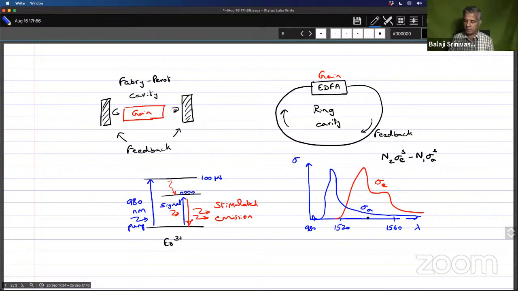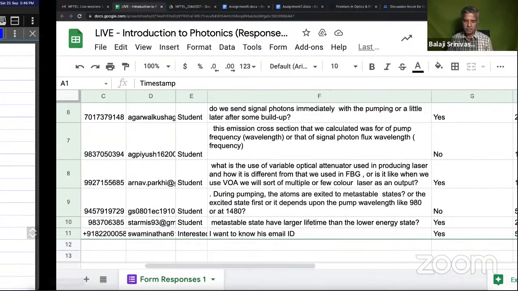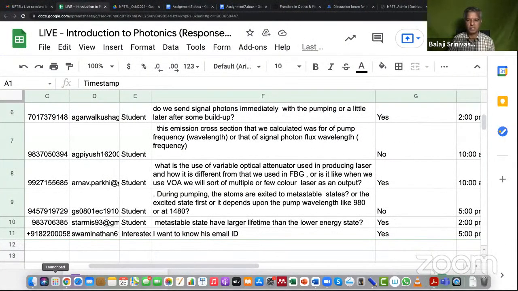In fact, as you go to longer wavelengths, you can approximate that the absorption cross section is 0, and then what is dominant is the emission cross section in those regions. Okay, but just to answer the question here, we are interested in the emission cross section at the signal wavelength, and of course the absorption cross section at the signal wavelength. Emission cross section at the pump wavelength is not so important.